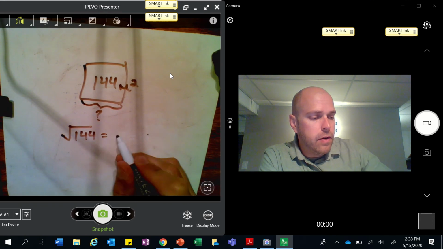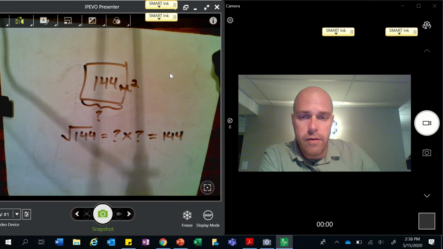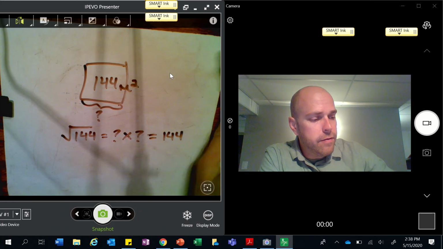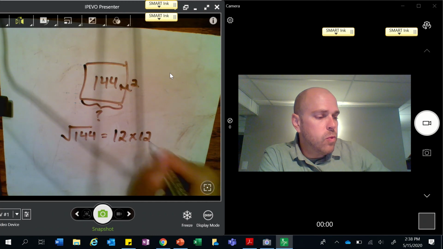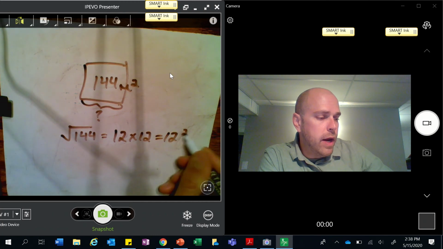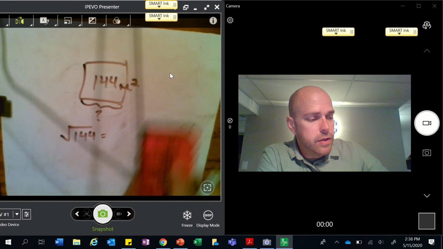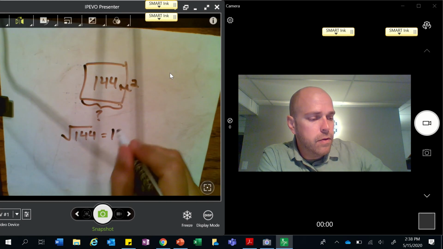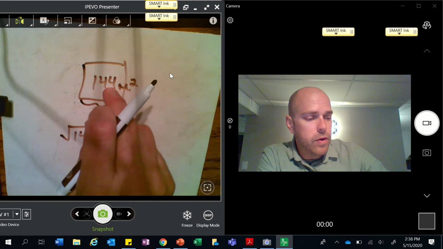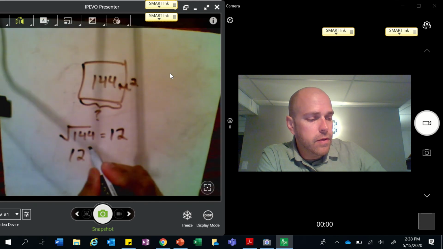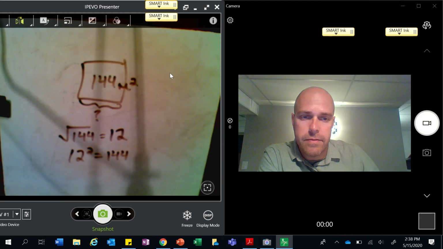Well, you've got to figure out what times what equals 144. And you may have already figured it out. It is 12 times 12, which is 12 squared. So that means for 144, the root is 12. That is correct, because 12 times 12 equals 144.